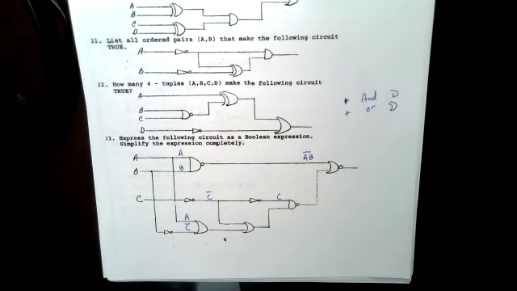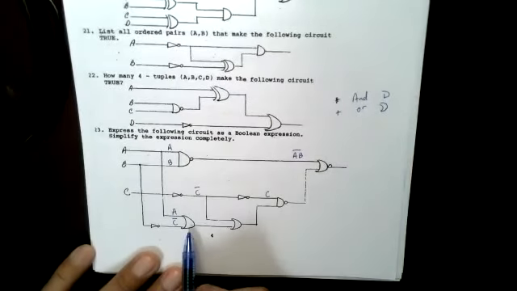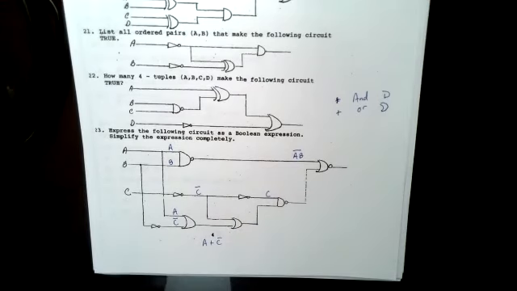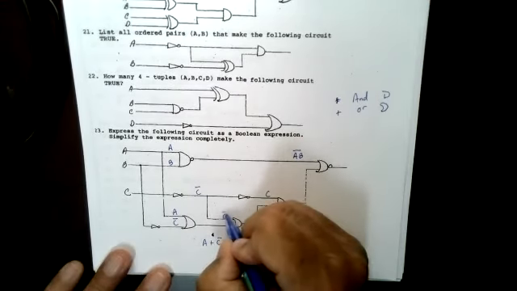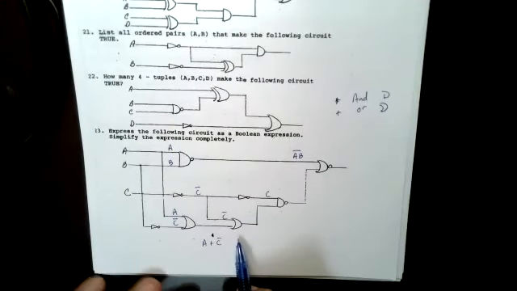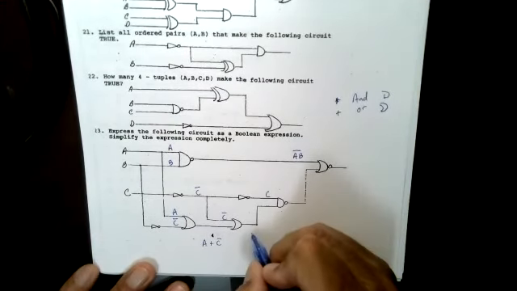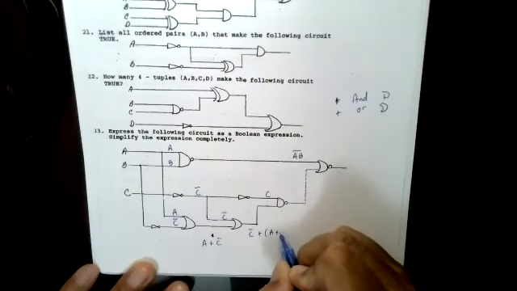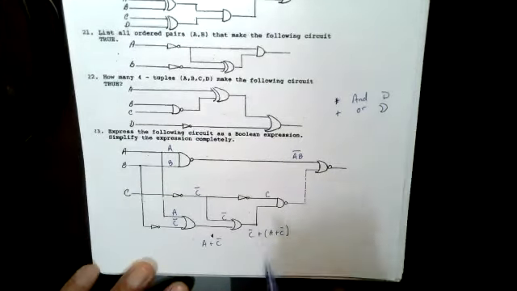I get not AB right there. If I come down here, this is an or, so this becomes A plus C naught. This is a C naught, so this is again an or, so I have C naught plus A plus C naught coming out of there.